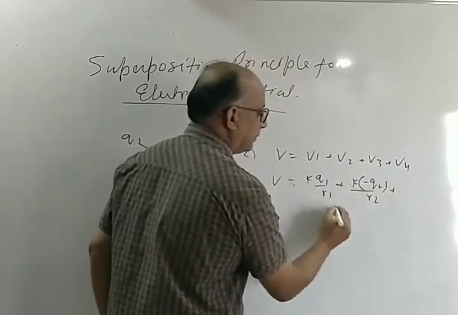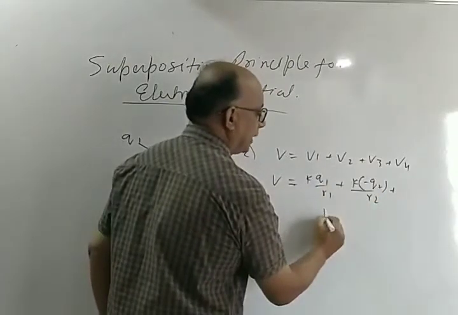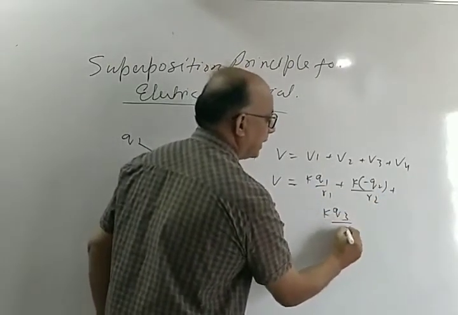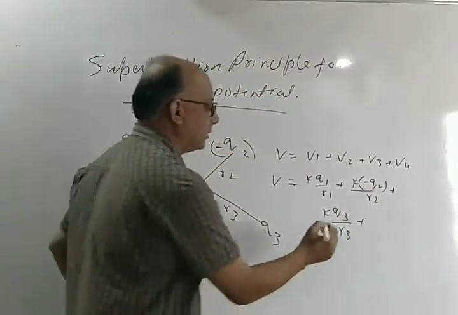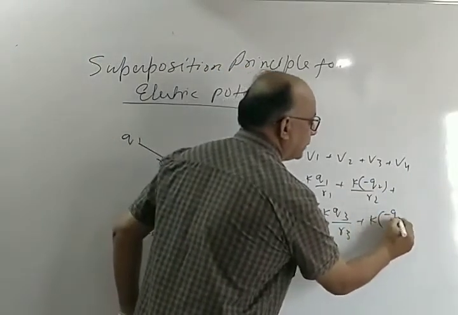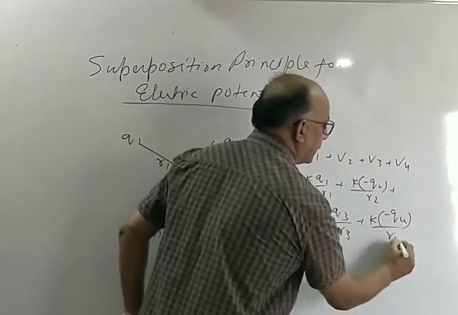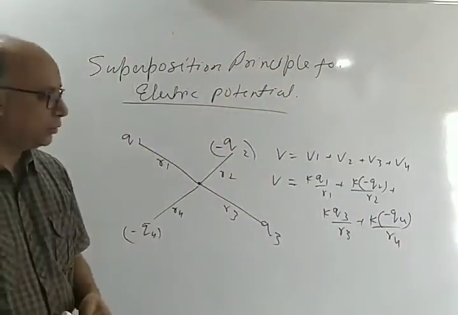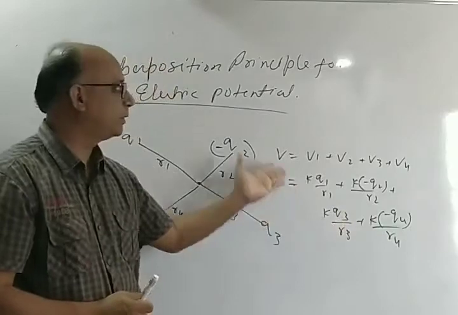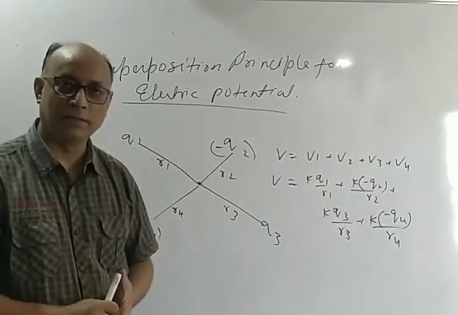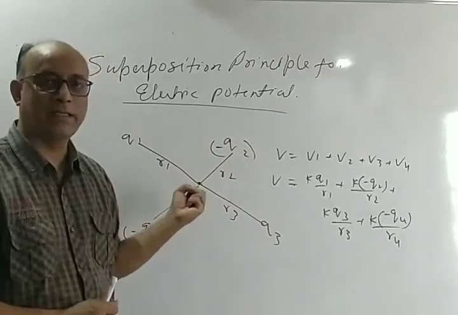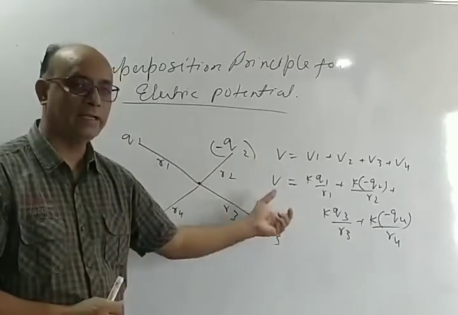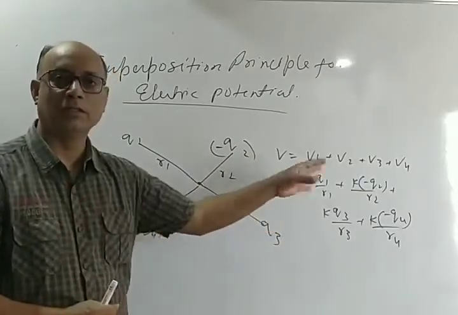Similarly, V3, a positive charge, KQ3 by R3, plus V4, a negative charge, so this is K(-Q4) by R4. So this is the algebraic sum. This is the superposition principle for electric potential. So electric potential at a point due to a number of charges is basically the algebraic sum of electric potentials due to all the charges.